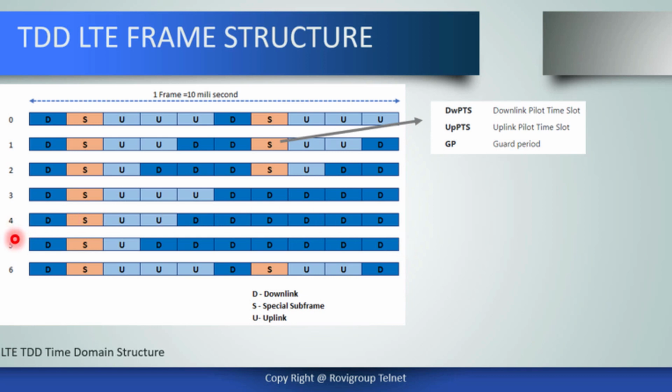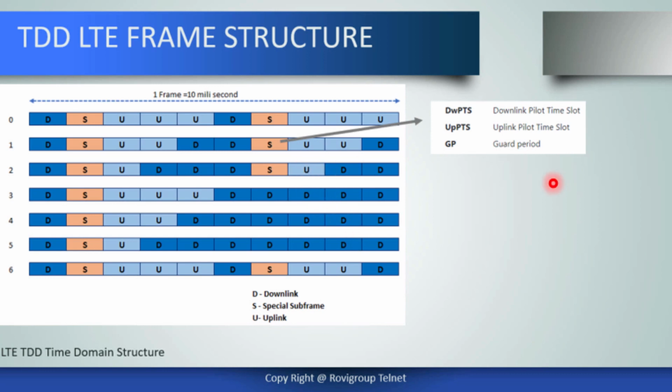In case of combination 5, if your downlink requirement is too much, then you can go for this option. Otherwise, you can also have a balance between uplink and downlink. For instance, in combination 1, you have 4 subframes for uplink and 4 subframes for downlink. So the uplink and downlink ratio is equal.